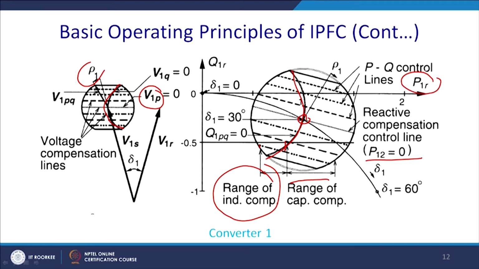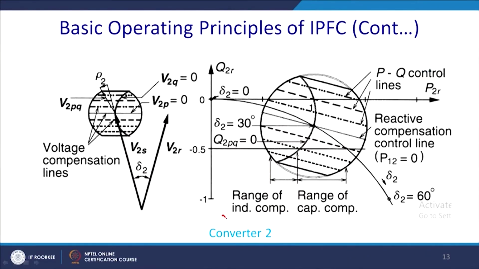So, it will be something like a mirror image of converter 2. So, it will change, but the operating point will be the same. So, it will be V2Q. Now, this will be the delta, and these chords ultimately make a parallelepiped.